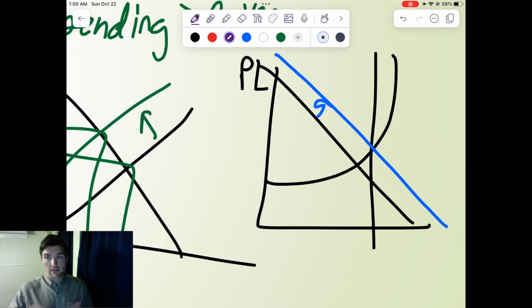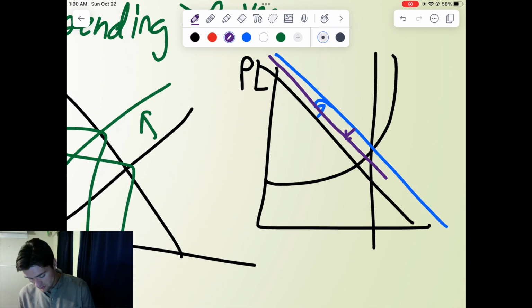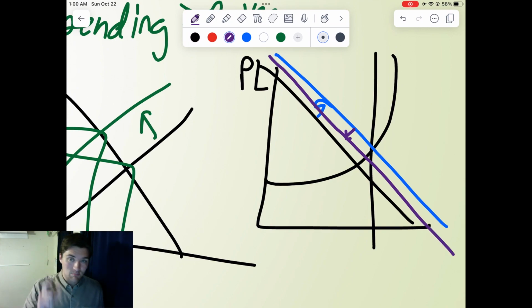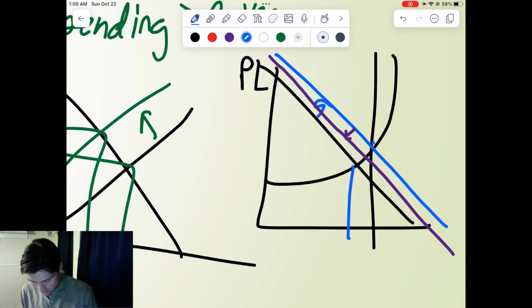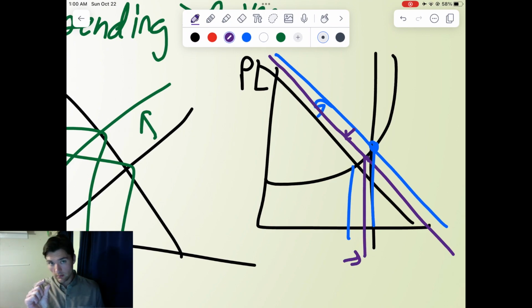Like the investment's like, get out of the way, right? I need to decrease aggregate demand. It's crowding it out. So therefore, we're going to be decreasing aggregate demand here. So we're not increasing it as much as we want, right? We want to be here at this GDP, but because of crowding out, we only increased a little bit.